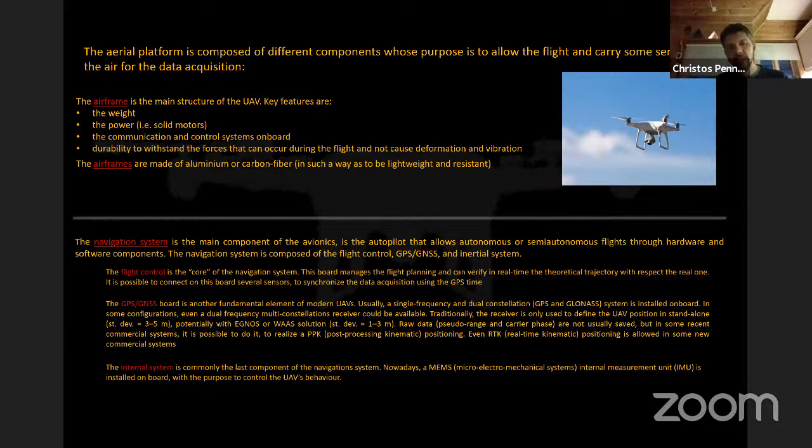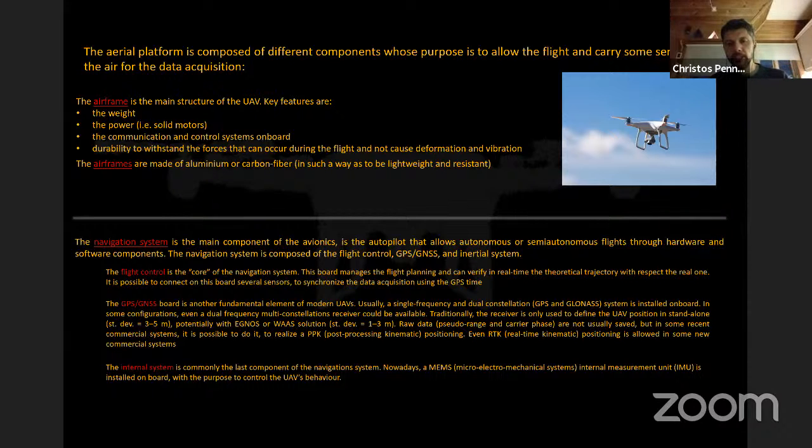Then we have the GPS GNSS board. That is another very crucial and fundamental element for all the modern UAVs. Usually it's a single frequency and dual constellation GPS and GLONASS system that is installed on board. In some configurations, even a dual frequency multi-constellation receiver could be available. So more expensive drones may have more systems that they can work with.